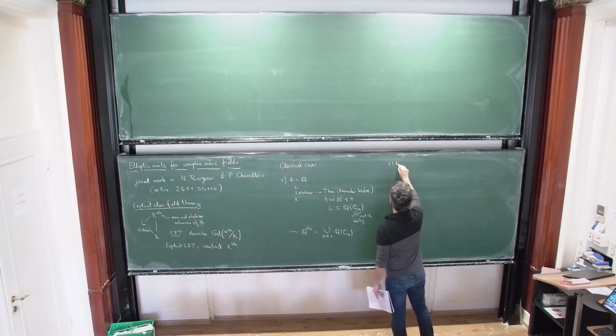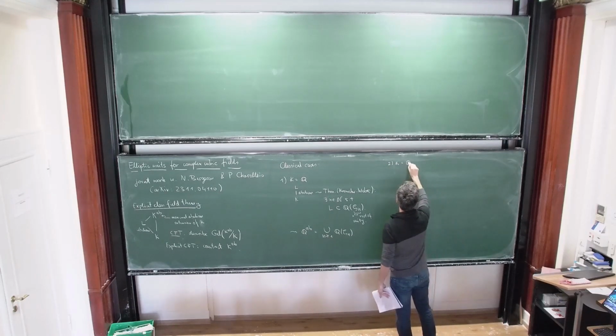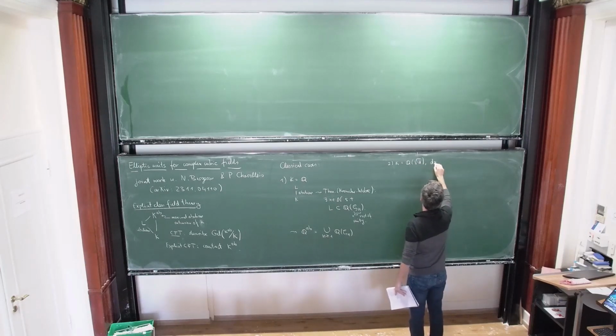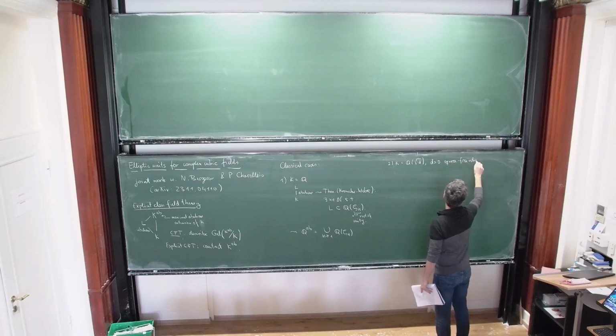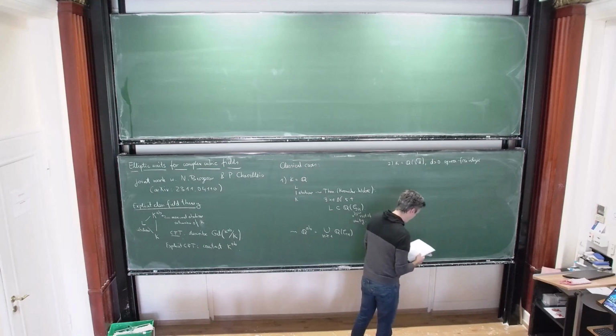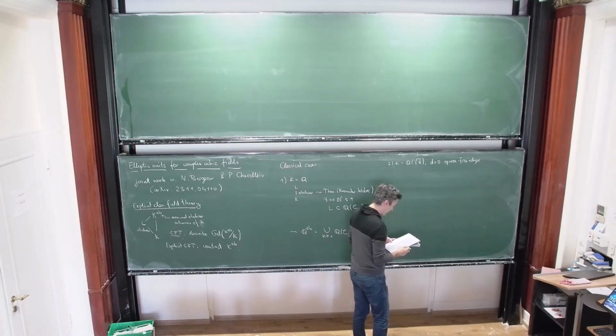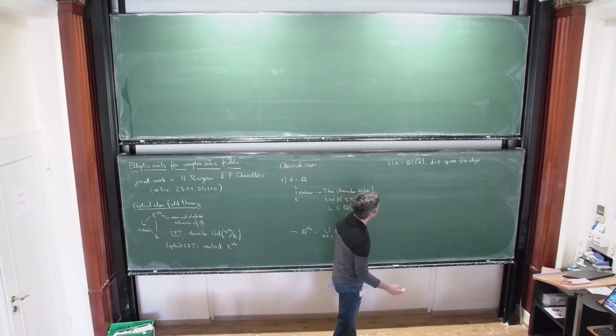Then the other case that's very classical is where K is imaginary quadratic. So I will let K be Q adjoin the square root of minus D, where D is a positive square-free integer. So here there are many results.